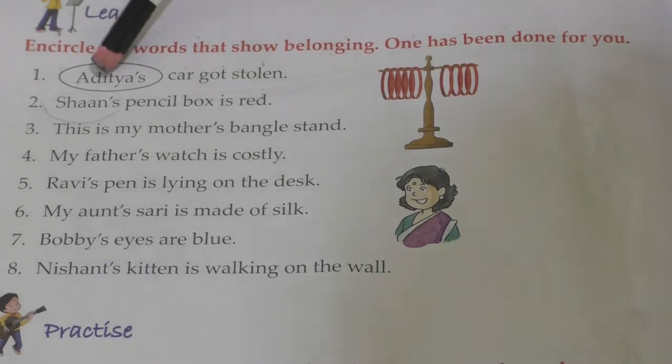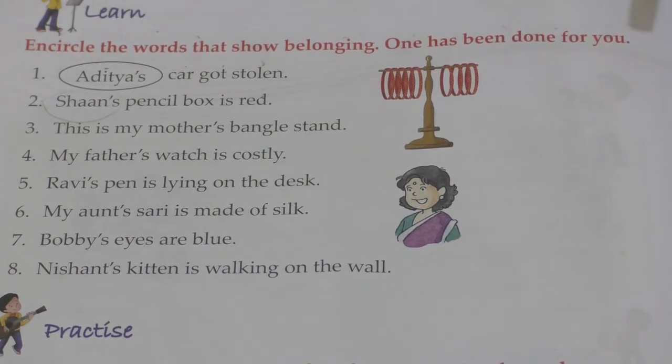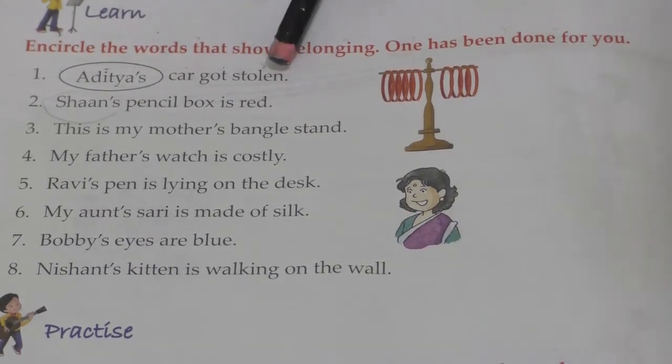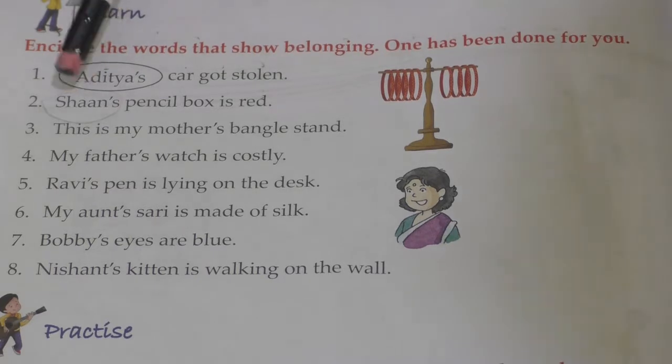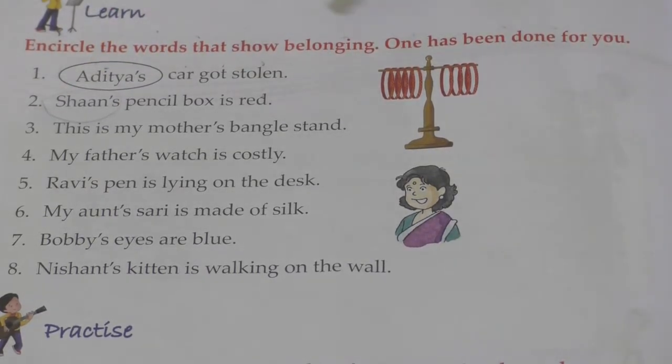Here the word Aditya's, Aditya apostrophe S, indicates belonging or possession of something. The car that belongs to Aditya got stolen.